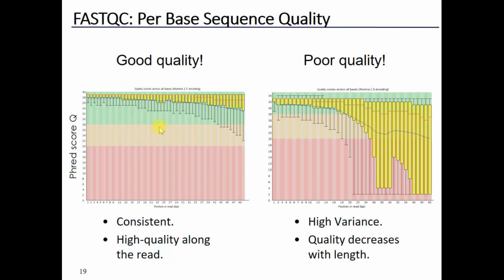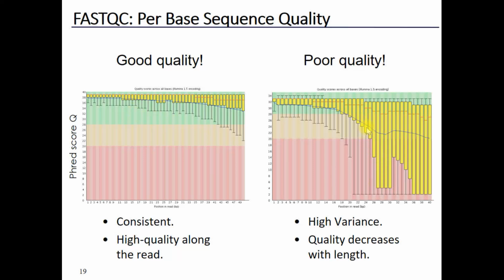So this is an example of good quality, and in the good quality one, most of your read positions have a Phred score beyond 30, and just at the very end of the read, it has some outliers dropping into the yellow range, but this is acceptable because the median is still in the green range.